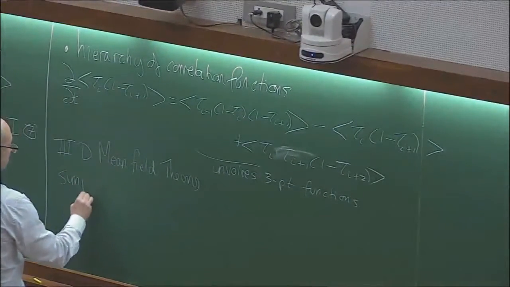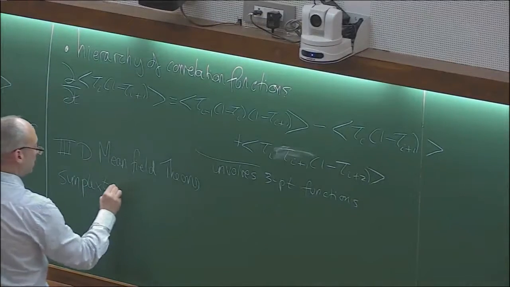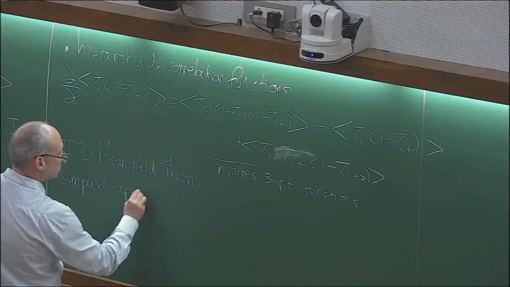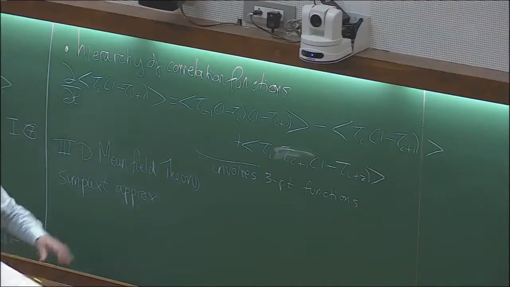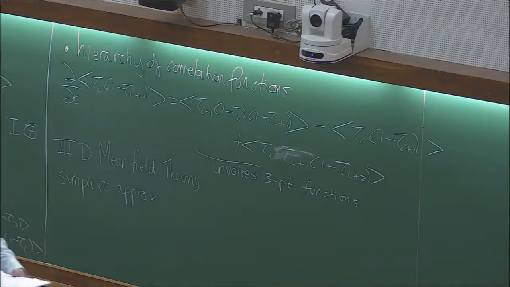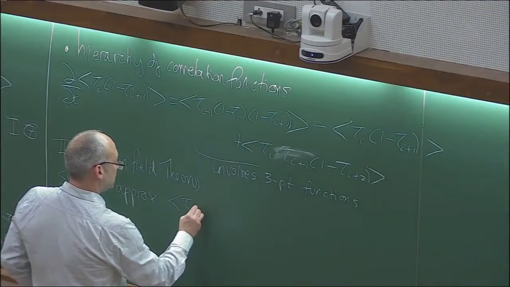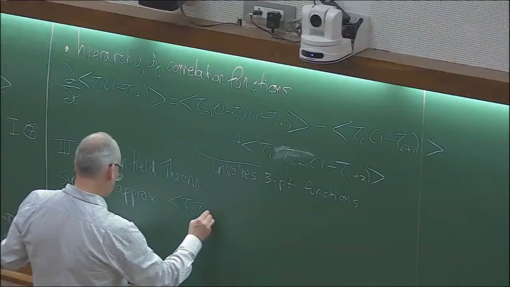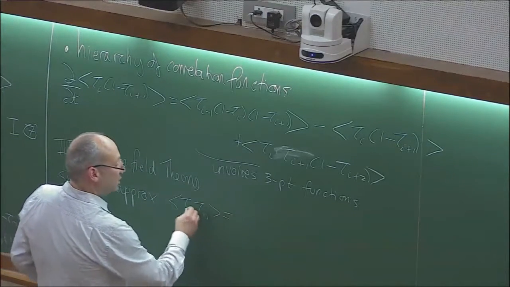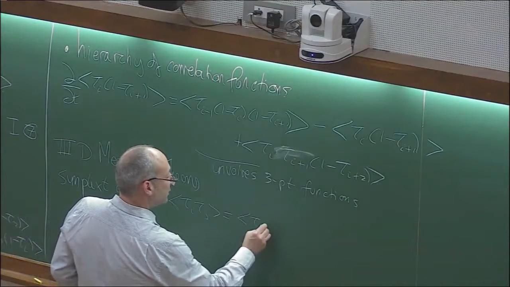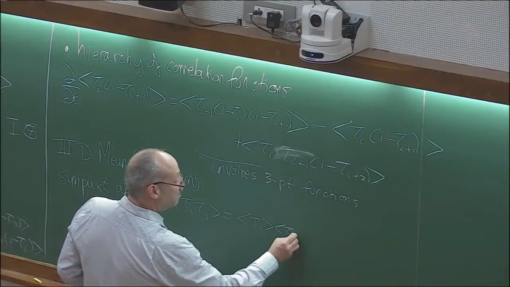So the simplest approximation that will close this hierarchy is any correlation function, let's say tau i tau j, we just say is equal to the average of tau i times the average of tau j.